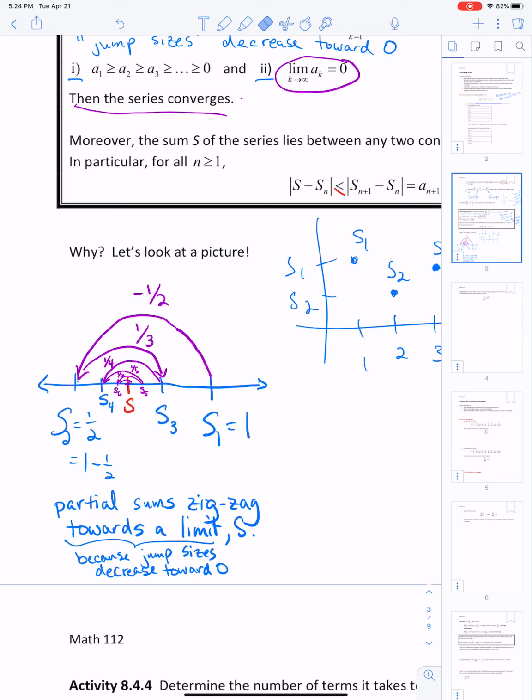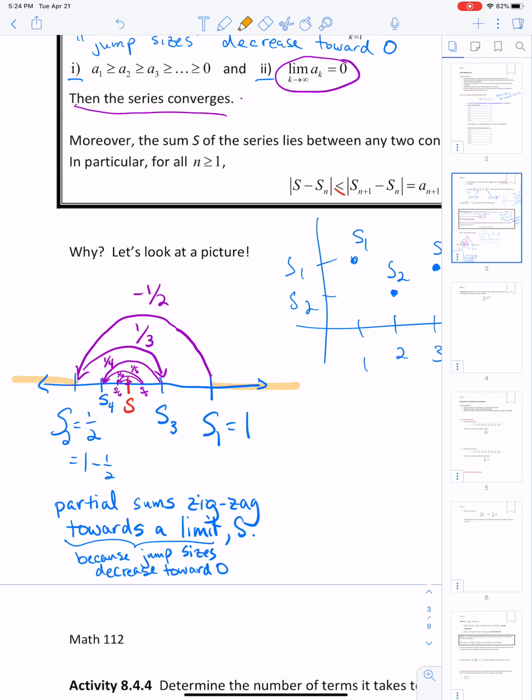Because once I go from S1 to S2, I can never, ever come back because my next jump cannot be bigger than 1/2, right? I can never get back to anything bigger than S1. And once I leave S2 and jump over here to S3, I can never come back to anything less than S2 because my next jump cannot be more than 1/3.